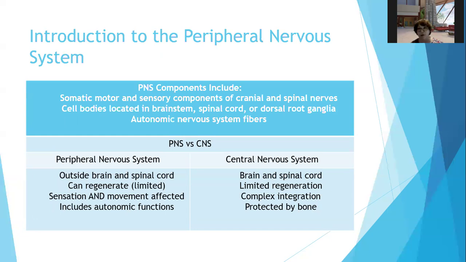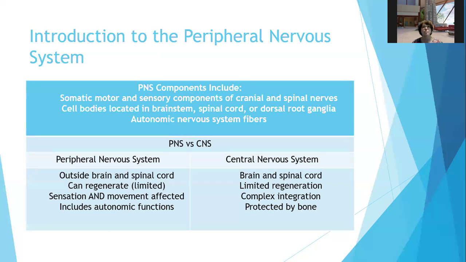So the peripheral nervous system components include somatic motor and sensory components of cranial and spinal nerves. The cell bodies are located in the brainstem, spinal cord, or dorsal root ganglia of the spinal cord. And the autonomic nervous system fibers are part of the peripheral nervous system as well.